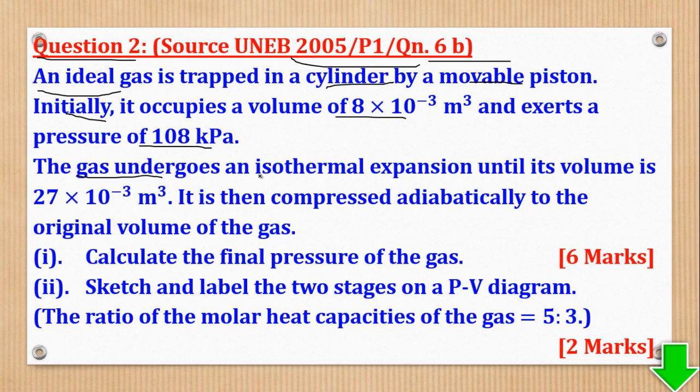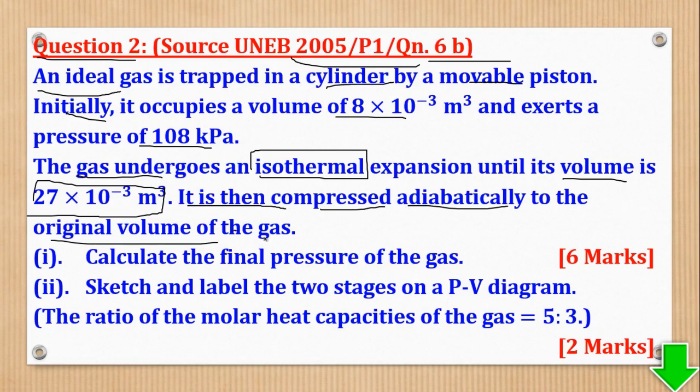The gas undergoes an isothermal expansion until its volume is 27 × 10^-3 meters cubed. It is then compressed adiabatically to the original volume of the gas. Original volume was this. Calculate the final pressure of the gas.